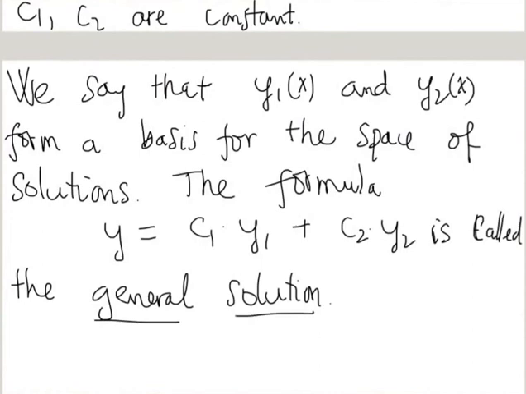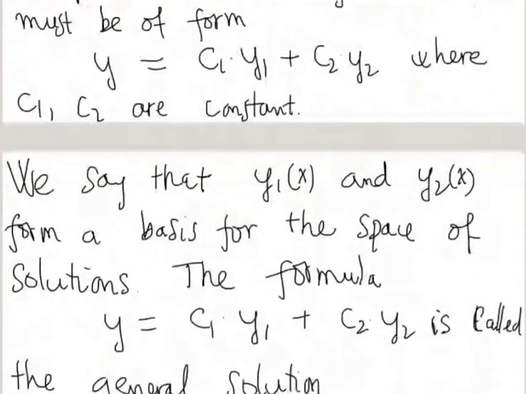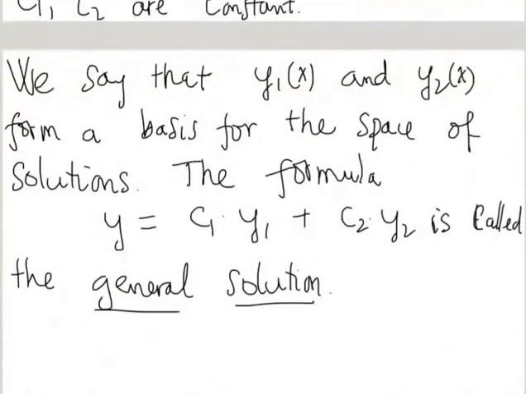So you see the meaning of general solution: it captures all other solutions. But again, this linear combination is the general solution only when y1 and y2 are linearly independent. If y1 and y2 are not linearly independent, then they do not form a basis.